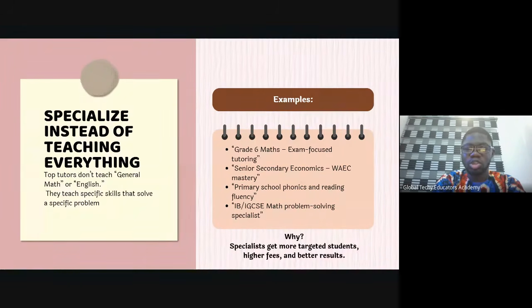I'm not saying you can't teach everything, but you must have your own area of specialization. If you are a science teacher, let us know that you're a science teacher. If you are a business teacher, let us know. If you are a language teacher, let us know. If you are maybe a skills teacher, like music and others, let us know. It's very important.